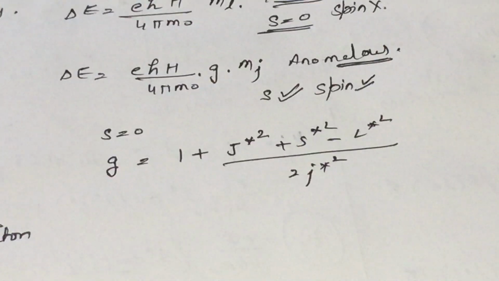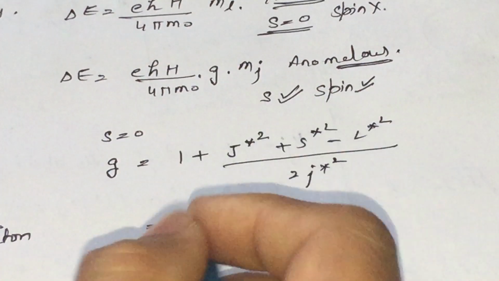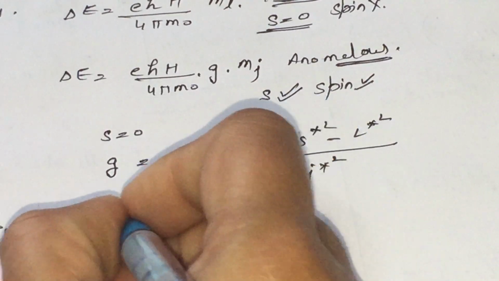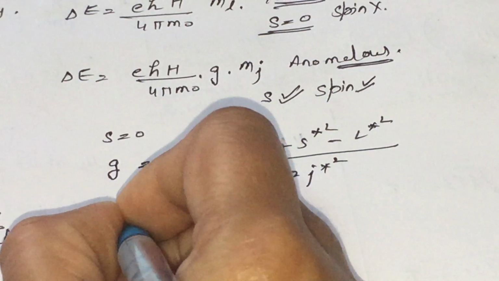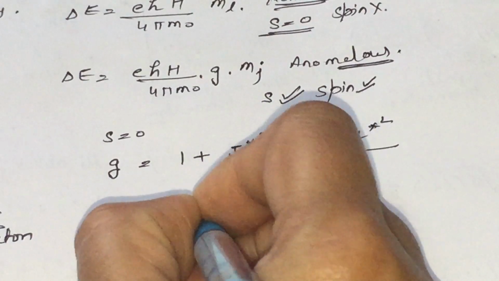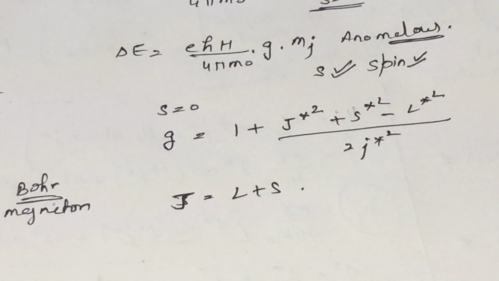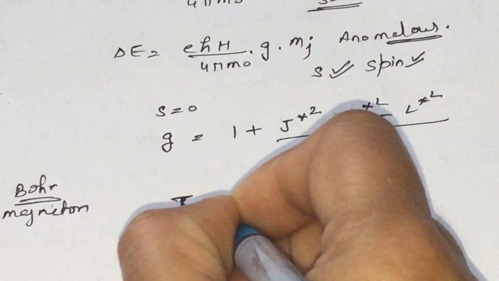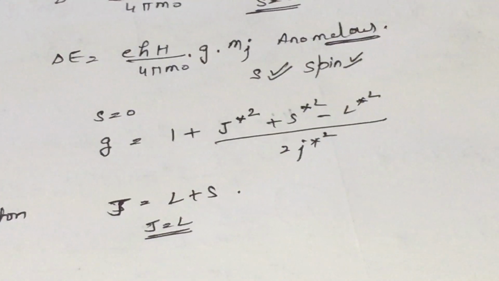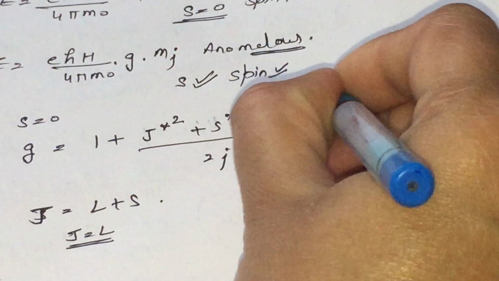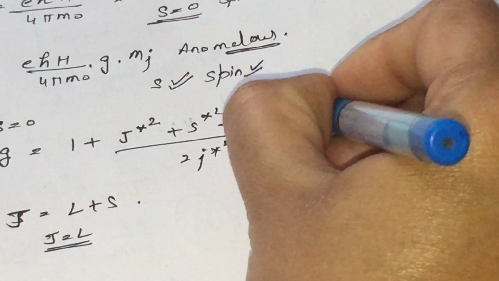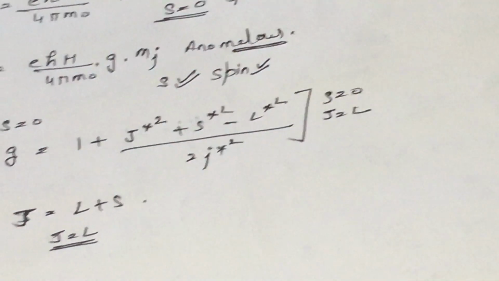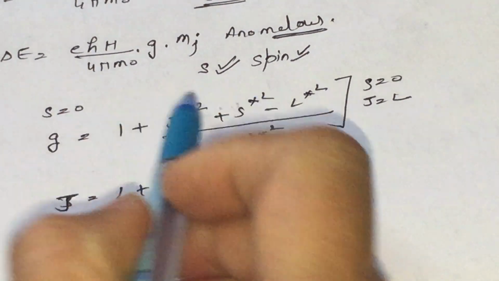If we put s is equal to 0, as we know that j is equal to l plus s, and if we put s is equal to 0, it means j is equal to l. If we substitute these two conditions, that is s is equal to 0 and j is equal to l, what will happen to the Lande factor?